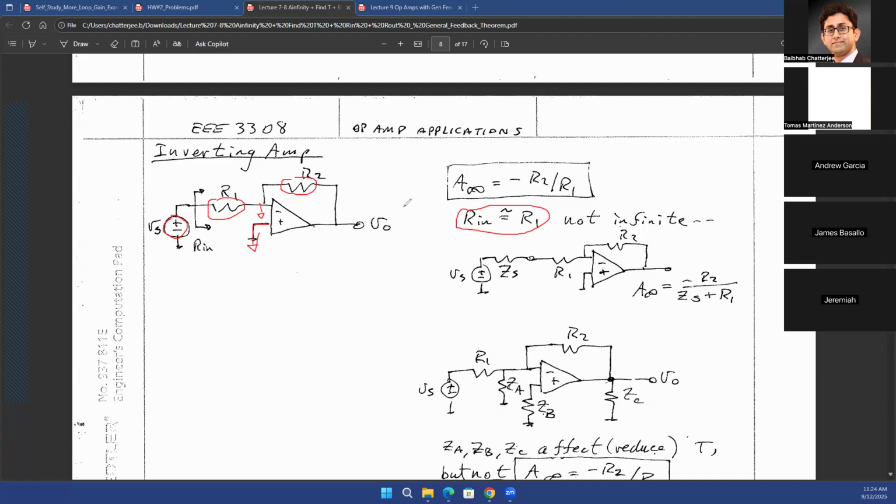That's the reason why if you connect a test voltage source over here, there will be a current flow through R1, and that current will terminate at that virtual ground. So R in is not infinite. R out, although in this case, will be 0, as we saw in the previous scenarios.